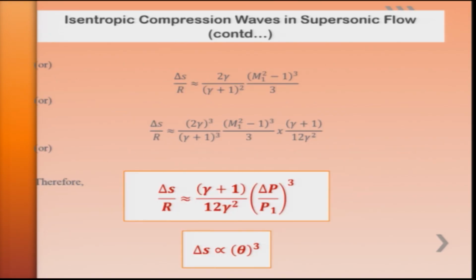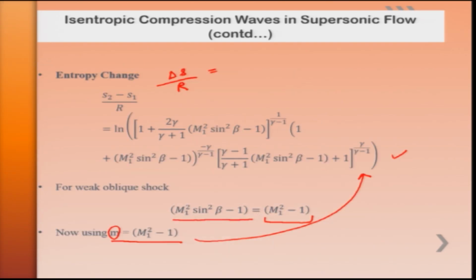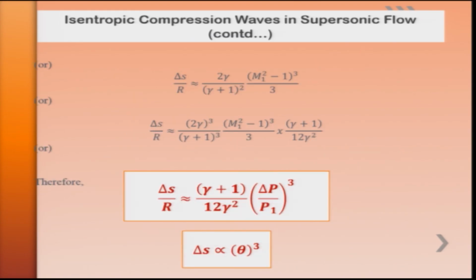By solving, that is, opening the series of this expression through the binomial expansion, with 1 upon gamma minus 1 as the exponent in 1 plus x to the power n, and using a suitable approximation, retaining the first order term and ignoring the higher order terms, I can reduce the relationship directly to delta S upon R approximately equal to 2 gamma upon (gamma plus 1) square times (M1 square minus 1) to the power 3 upon 3.